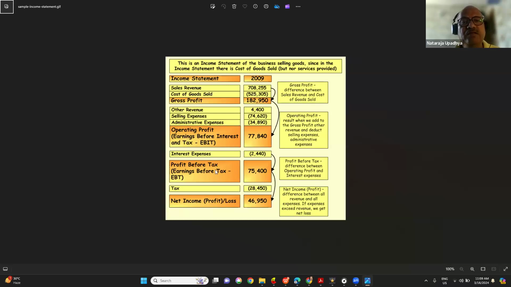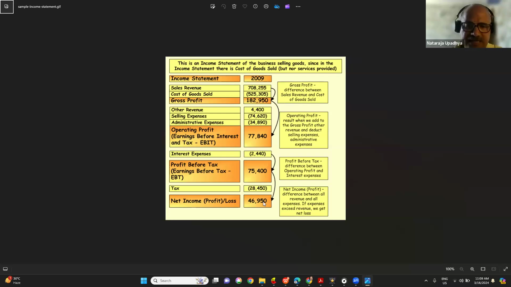Only then will you get profit before taxes. Then the government expects you to pay tax on the profit you have made, and once you pay the tax, the net profit or net income is what you have. And many a time, instead of making a net profit, you can have a net loss also. This clarity is needed about company financials when it comes to an income statement.